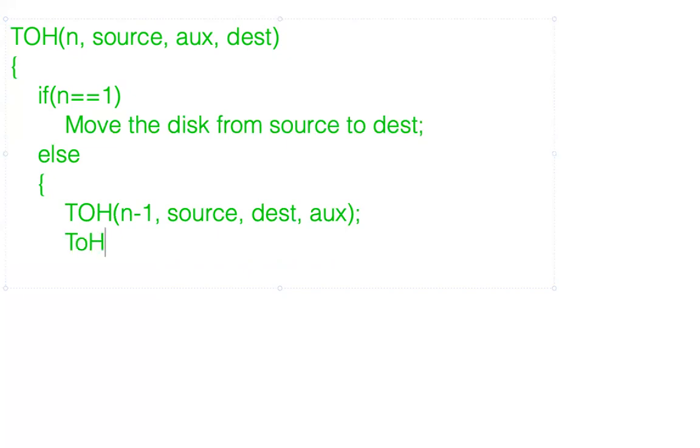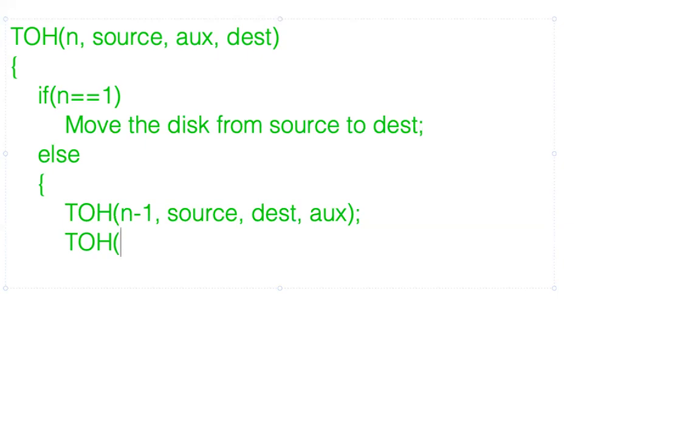Now here I can write TOH 1 source auxiliary destination, I can write it like that, or I can directly write move from source to destination. I can also write it like that.